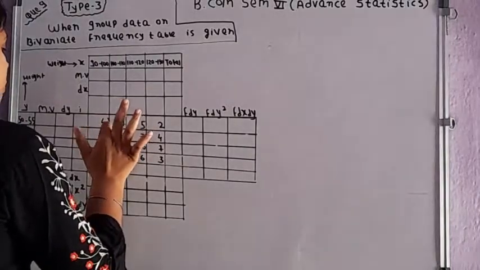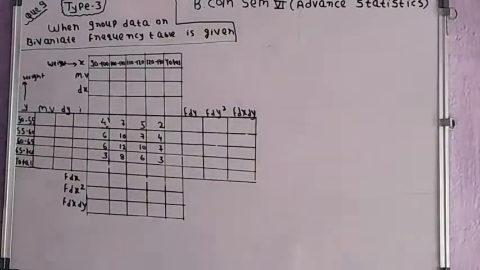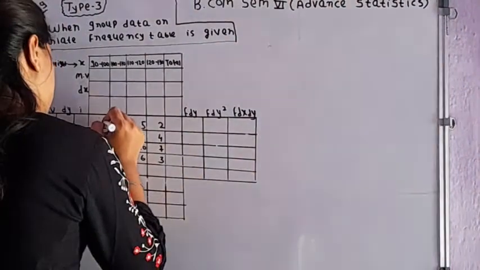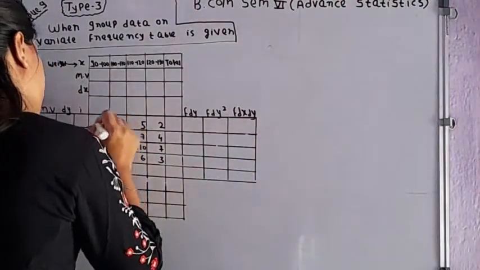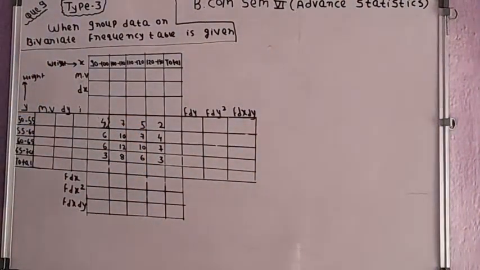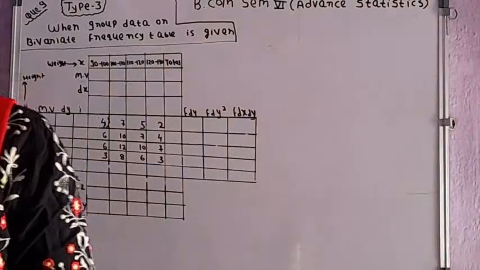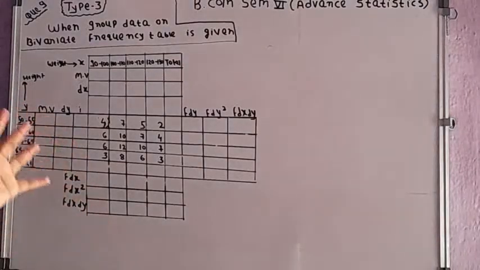Now we are going to start our question. The link of the question would be shared with you in the description box of the YouTube lecture. Let's understand the question first, then we will start with the answer. In the question, it has been given that the following is the distribution of students according to their height and weight.